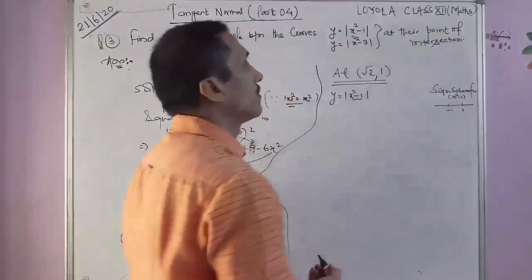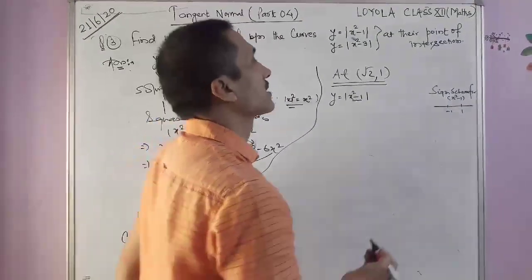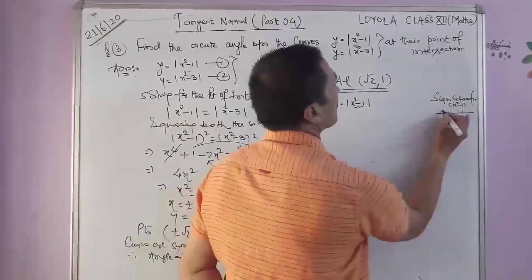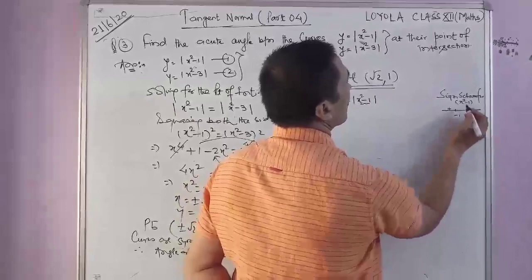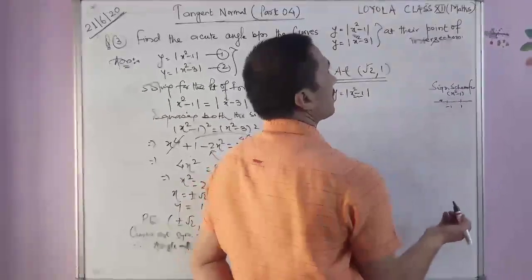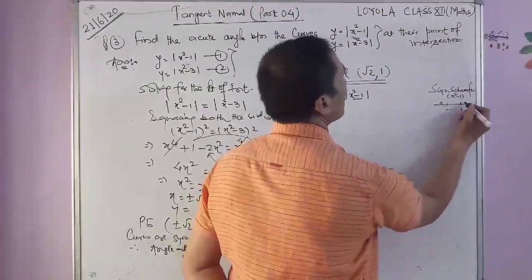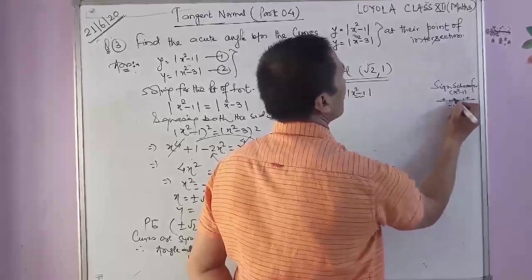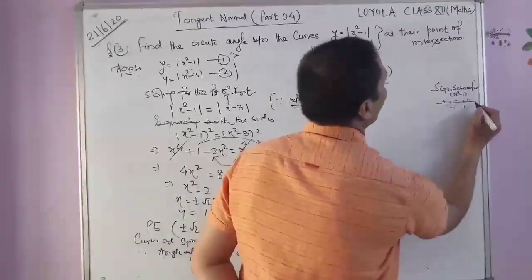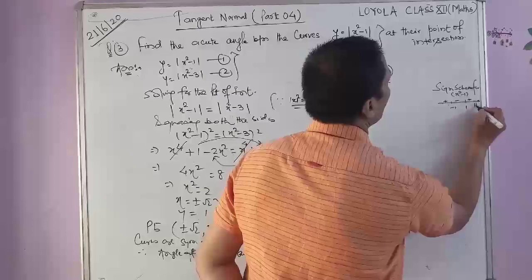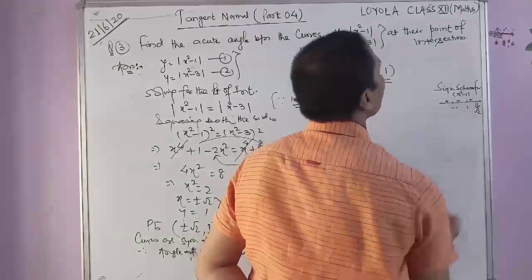We know the sign scheme of a quadratic expression. In this part x² − 1 is positive, in this part positive and in this part negative. Clearly √2 will be in this region.